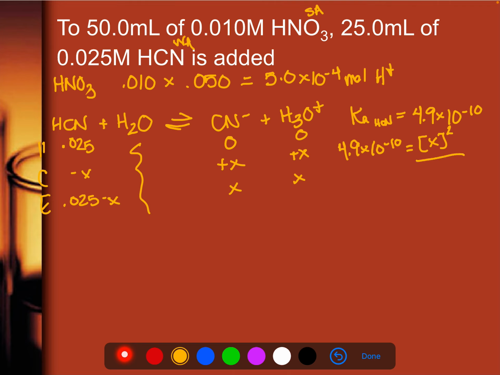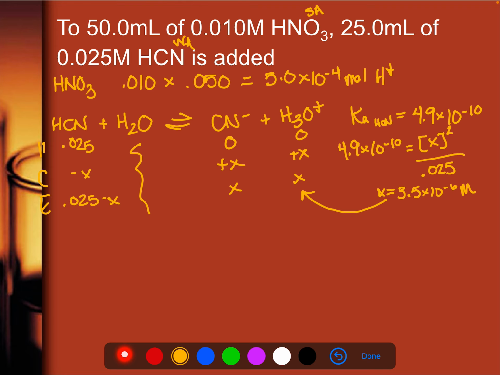For our reactant, we can ignore x there because it's a large enough difference. So when we solve for x, we get a concentration of 3.5 times 10 to the negative 6 molar. So that would be our concentration of our hydronium ions, or our hydrogen ions here.